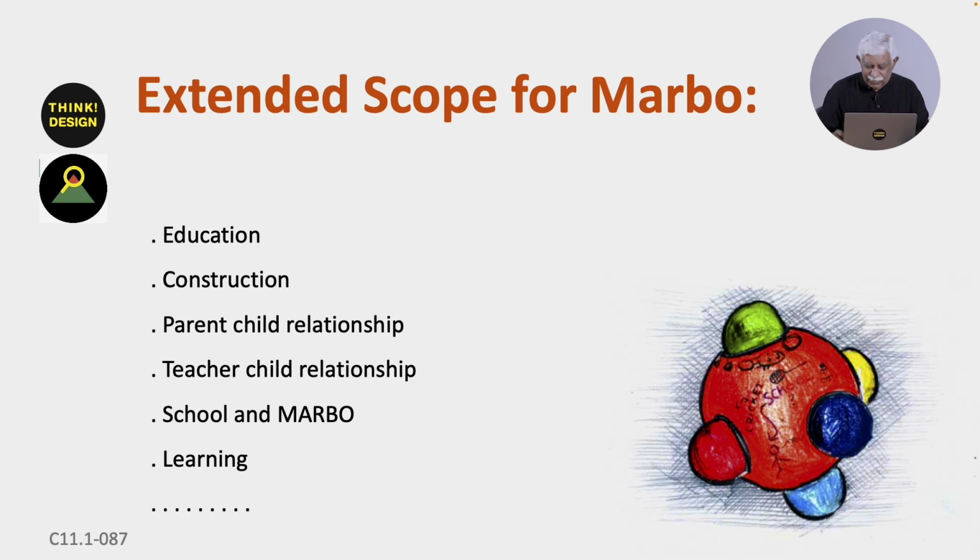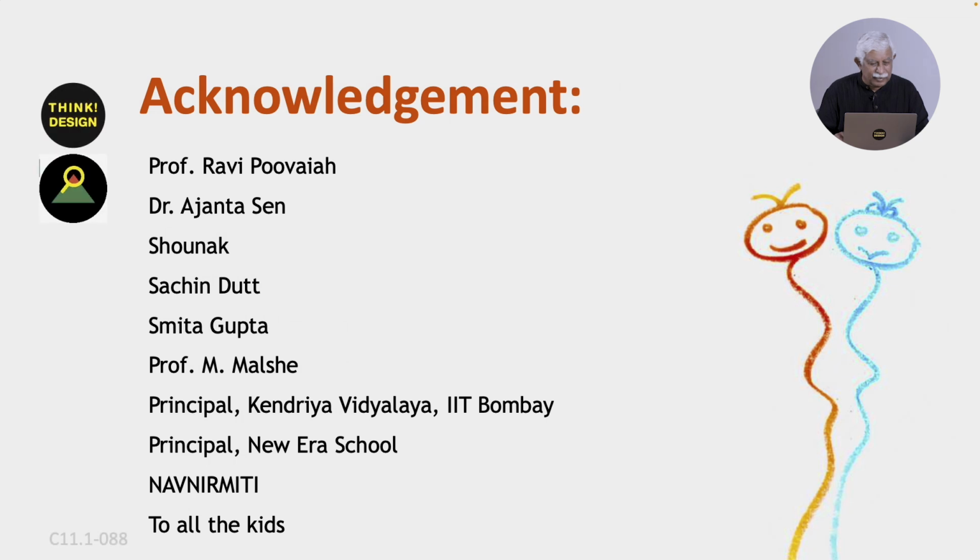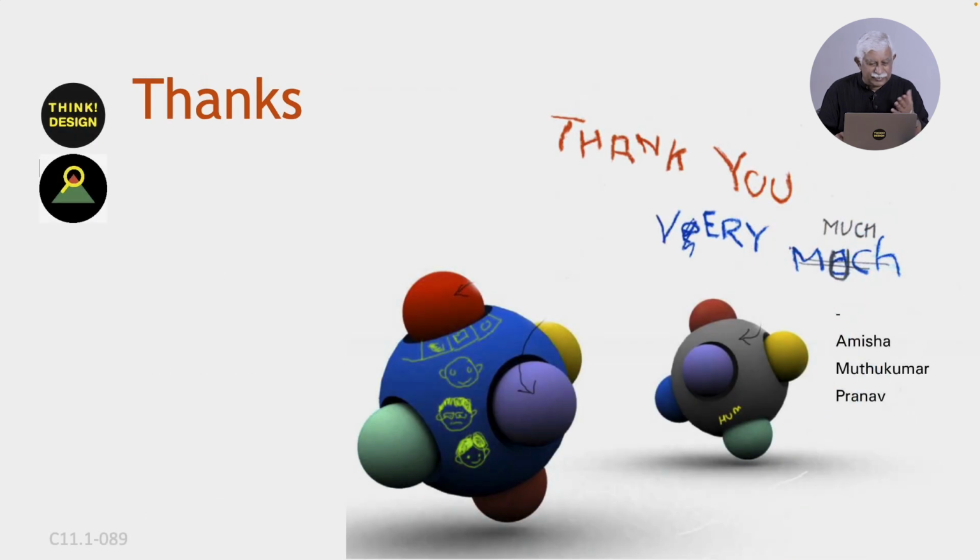So these are the extensions that can be done, and they acknowledge the people who have supported them, a whole lot of people, faculty members, their classmates and seniors, as well as the different schools and all the children who helped them with that. So that's a very big thank you from Amisha, Muthukumar and Pranav, for listening to it.